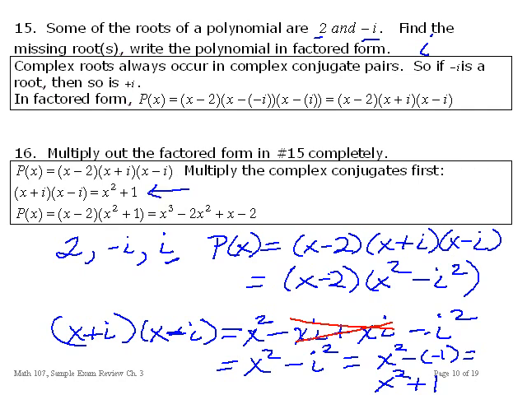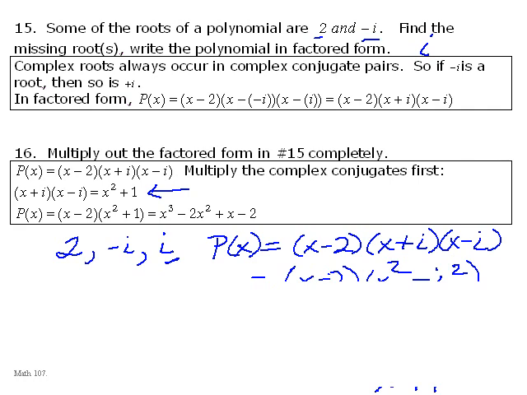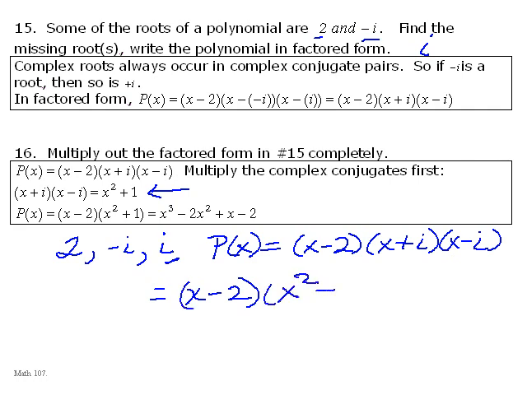And now let me do the rest of the multiplication. Let me erase some of this for room. Okay, so I've got x minus 2, and this is x squared plus 1. And now I FOIL this. x times x squared is x cubed. x times 1 is 1x.